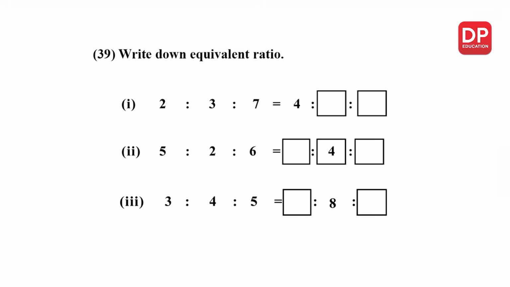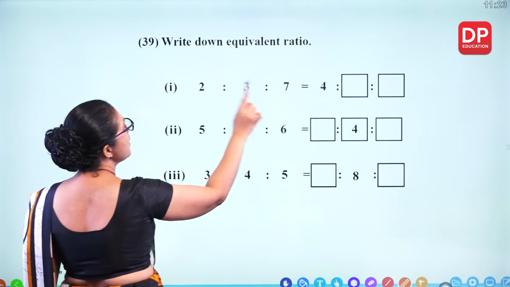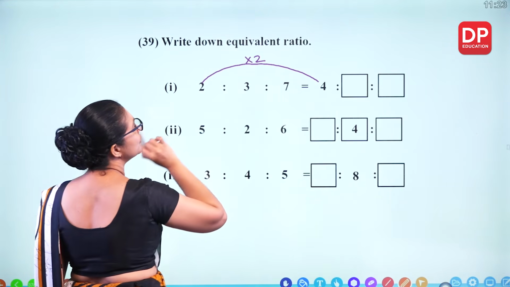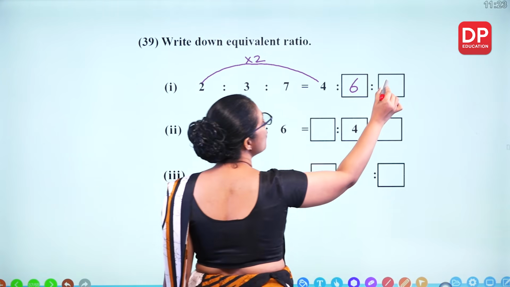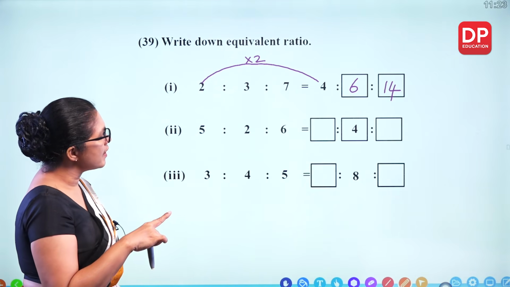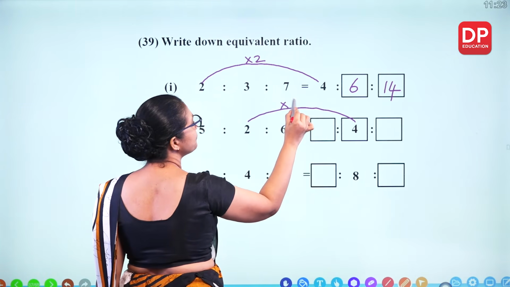Write down equivalent ratio. 2:3:7. 2 becomes 4. Multiply by 2. So do the same thing. 3 times 2, 6. 7 times 2, 14. 5:2:6. This becomes 4. Multiply by 2.